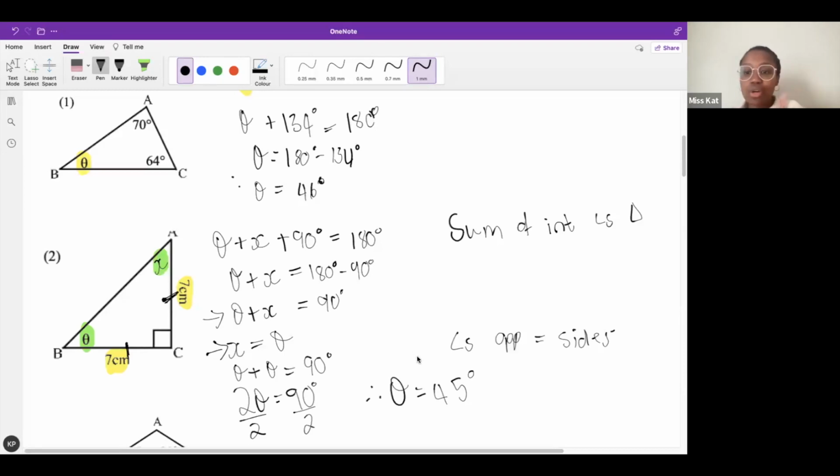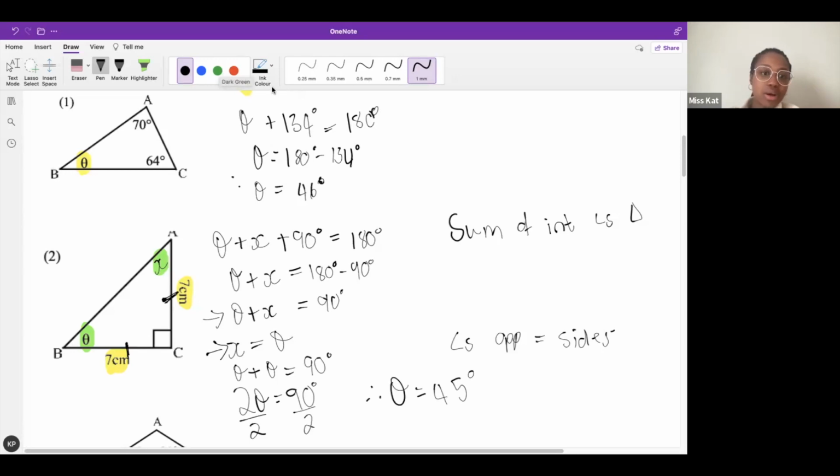You can solve, and then finally you're going to get x equals 45 degrees. But we didn't ask for x. So after that, you're going to say, therefore, if x is 45, then theta is also 45. Okay, Zeketelo, did I answer your question? I hope so. You're welcome. Any other questions? Okay, I don't see any hands up so far.